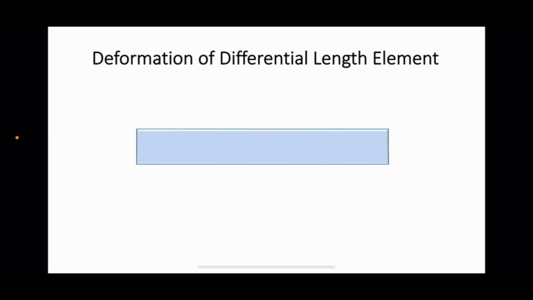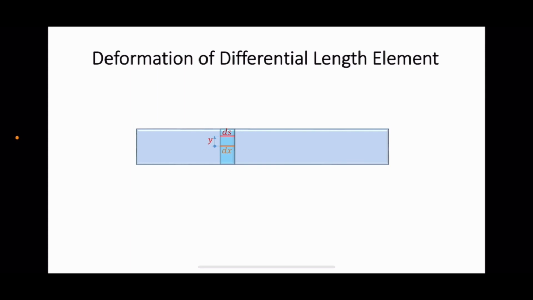Now let us study in detail the deformation of a differential length element, say this one. Let us focus our attention on the following 2 line segments, one on neutral surface and the other having a distance y from the neutral surface.